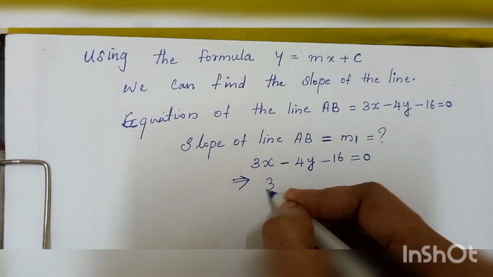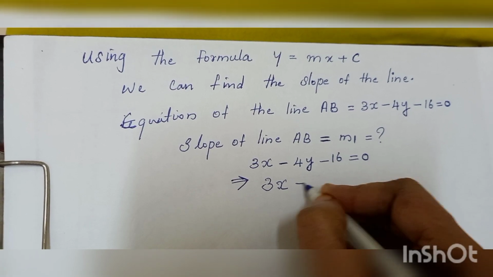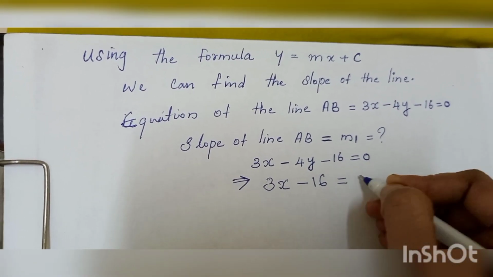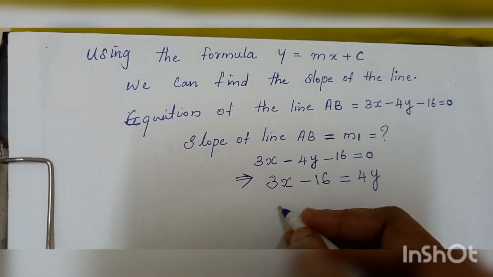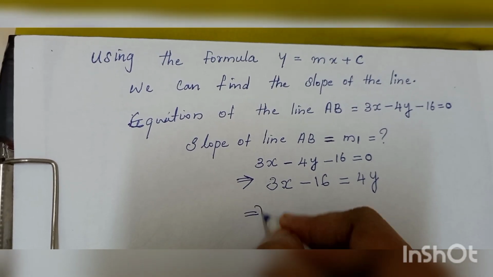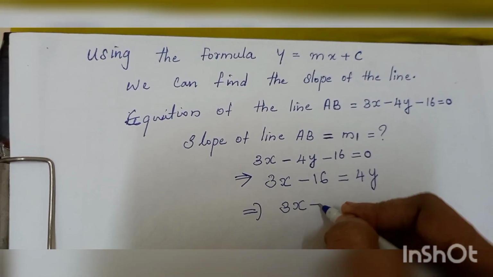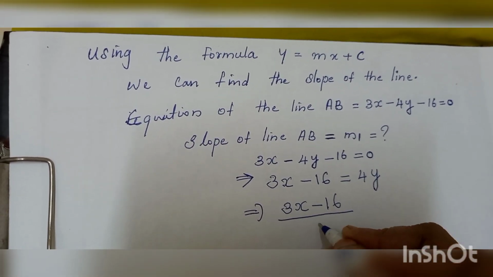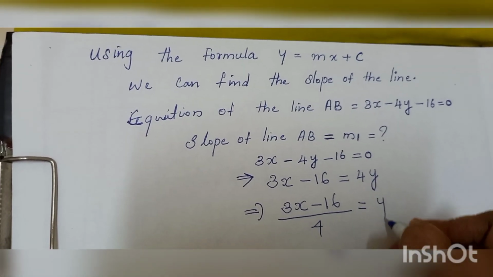So we have 3x minus 16 is equal to 4y. So we can write (3x minus 16) whole divided by 4 is equal to y.